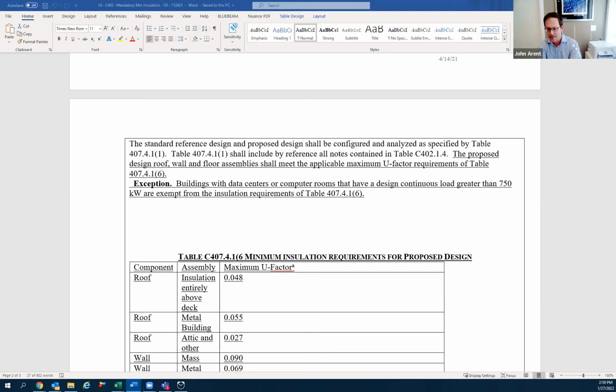I might have to think about how that applies to this particular case. I know we have separate U factors designated for spandrel panels.